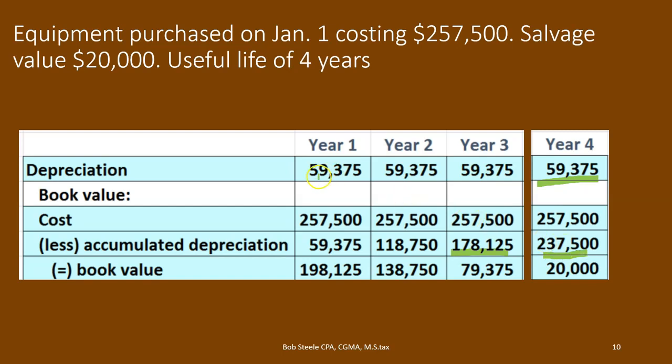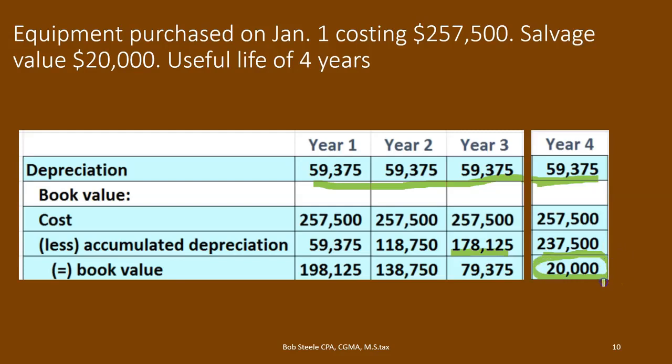Or you could say it's all the depreciation expense over the life of the property. 59,375 plus 59,375 plus 59,375 plus 59,375 will give you the 237.5. The book value then, cost 257.5 less the 237.5, gives us 20,000.